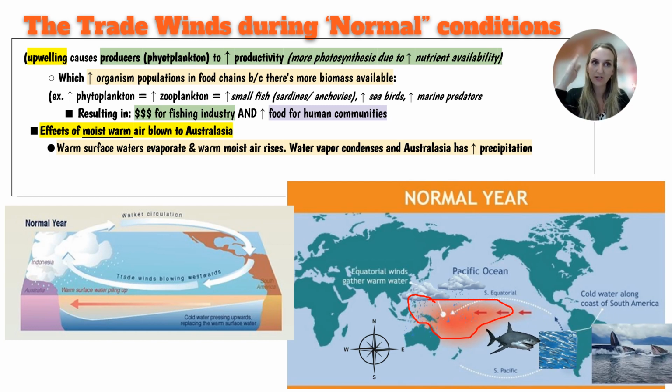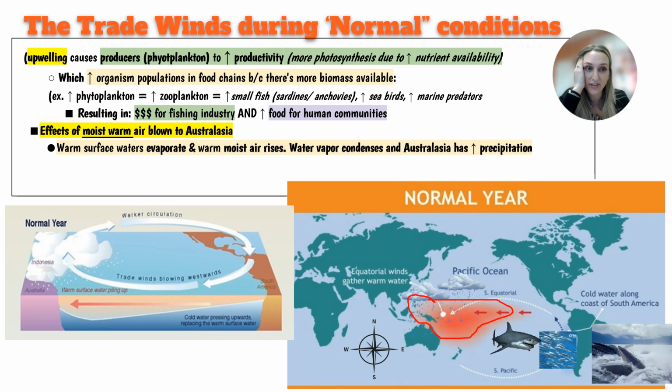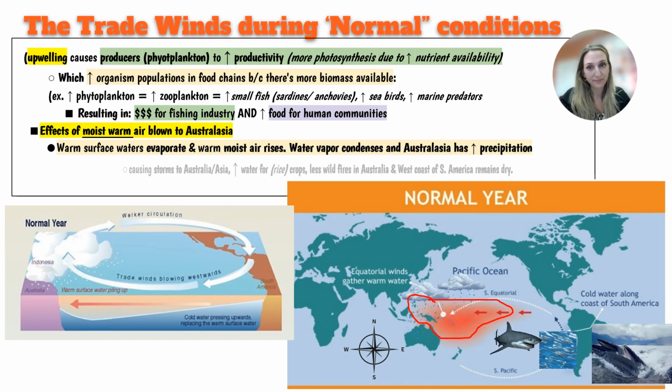So evaporation, condensation, just your basic water cycle, and then precipitation. Australasia is going to have more precipitation because that's where all your warm water is going. That's good for Australia because Australia, time and time again, has crazy wildfires. So this is going to keep that from happening.